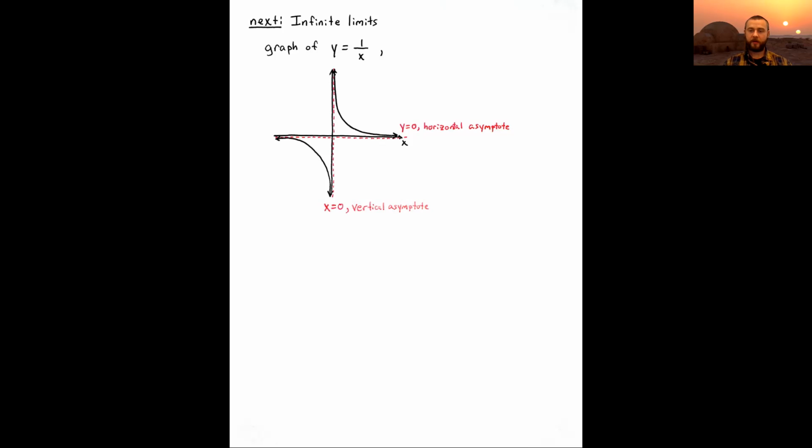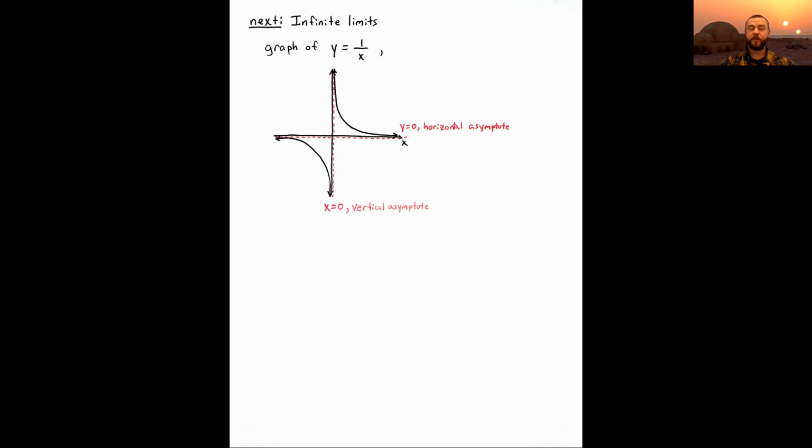Now, if you think back to your pre-calculus course, there is a concept introduced there that motivates what we're going to define in calculus as an infinite limit. You might not remember the name, but a function like the graph of y equals 1 over x is called a rational function.